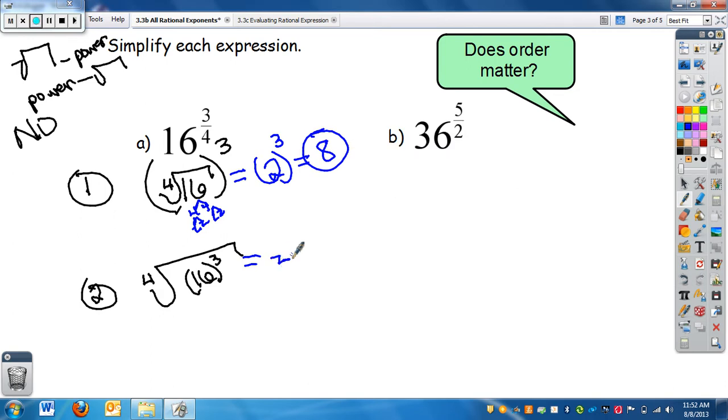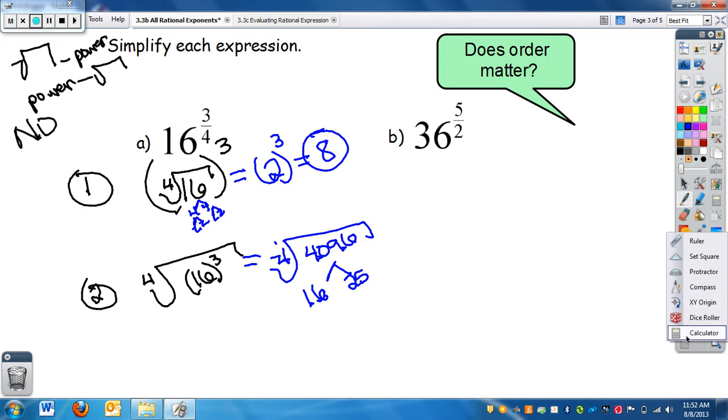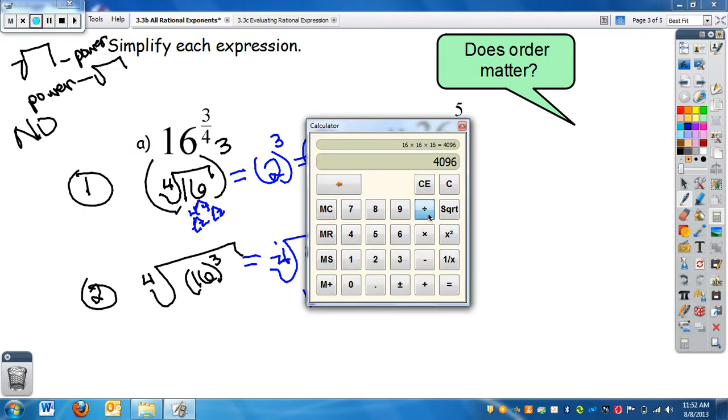So I still have the 4th root of 4,096. Well, I need to break this down. 4,096, if I divide that by 16, is 256.